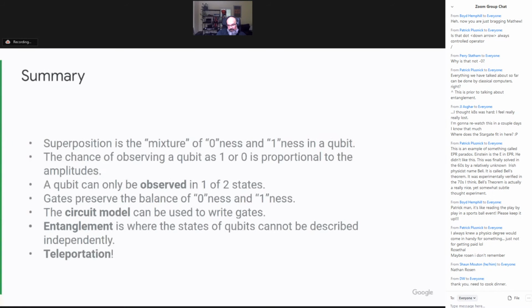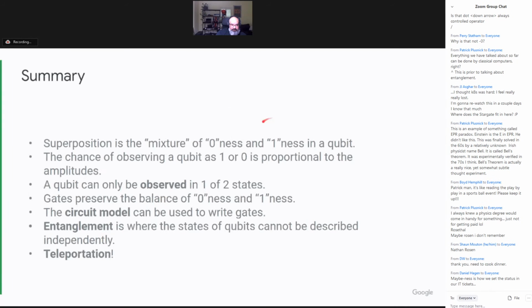It's not that it's 0 and 1 at the same time, but there's some reality to the maybiness of 0 and the maybiness of 1. We don't know what that means. We don't know the best way to put it in English, but that's what's happening in a way when the qubit is rotated in some sort of superposition, that it's a little bit of maybiness.